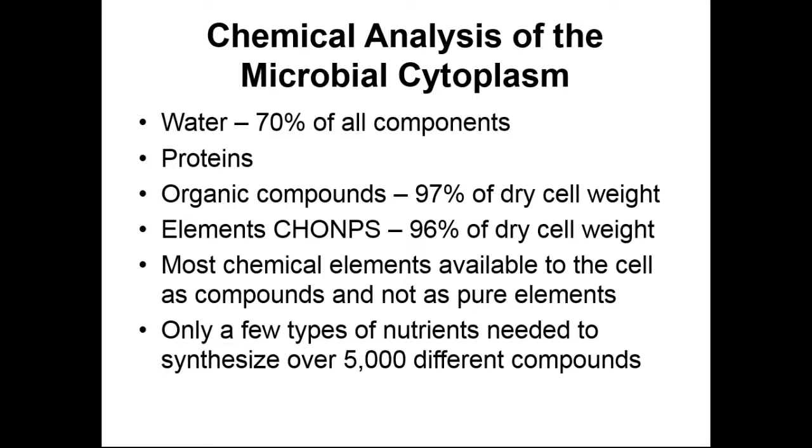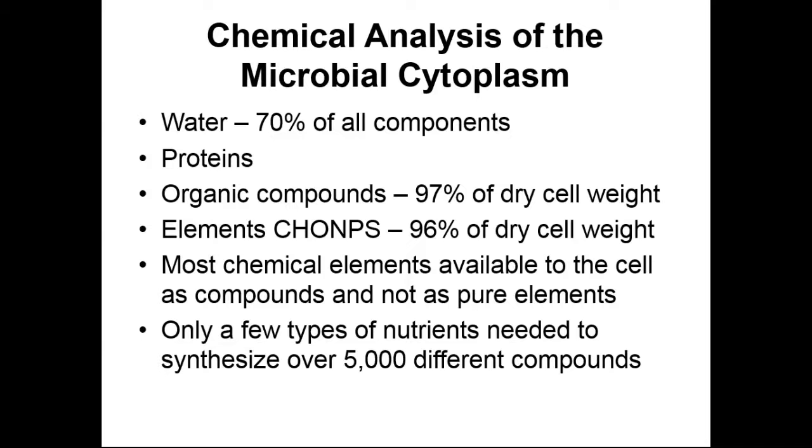So instead of walking over to a pile of carbon and eating a couple of carbon atoms, the cell is going to go over to, let's say, a carbohydrate and consume some of the carbohydrates that contain carbon, hydrogen, and oxygen. Or the cell may go over to a piece of a protein or a piece of muscular tissue and consume proteins that contain carbons, hydrogens, oxygens, nitrogens, phosphates, and sulfurs, so on and so forth. So the cells typically are going to consume complex molecules made of multiple elements as opposed to individual pure elements.